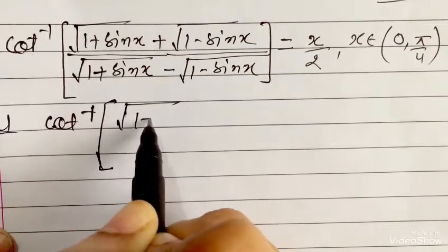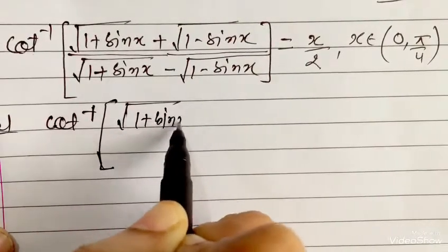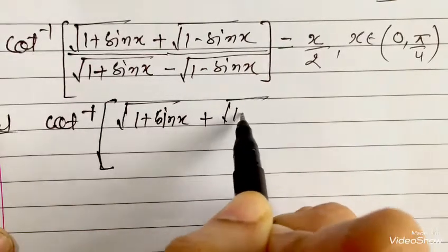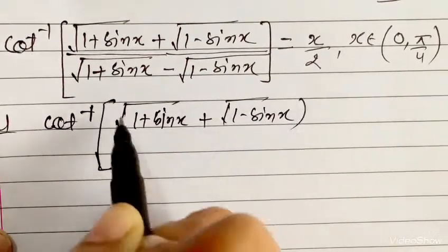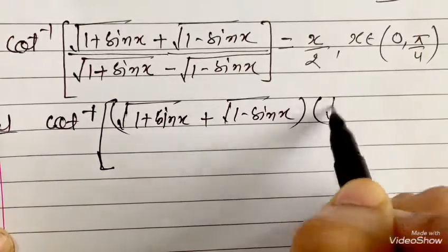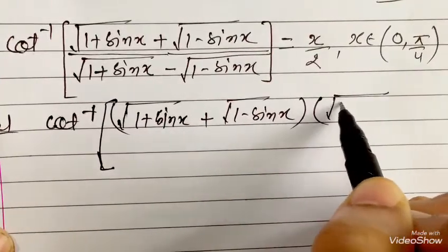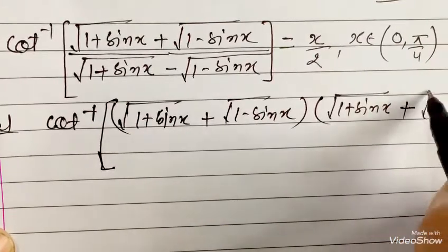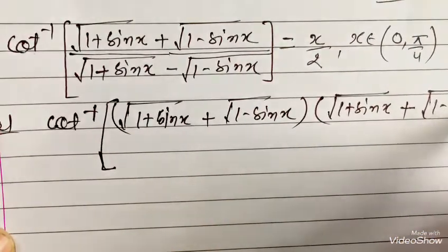So it is cot inverse, here under root 1 plus sin x plus under root 1 minus sin x, multiplied by under root 1 plus sin x plus under root 1 minus sin x.